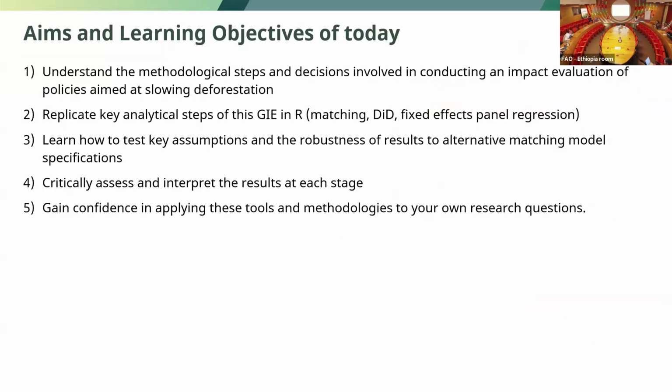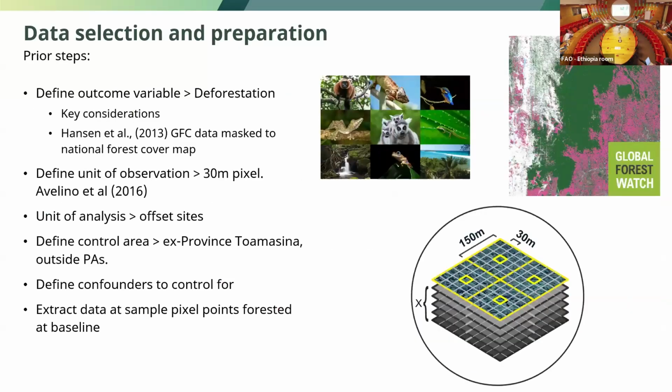Because of those choices, because there's no non-offset polygons, we had to use pixels, like pixel matching. And so then we collected our data on confounding factors or other variables that are important to control for.